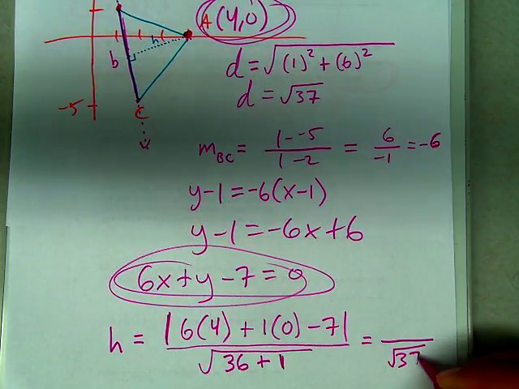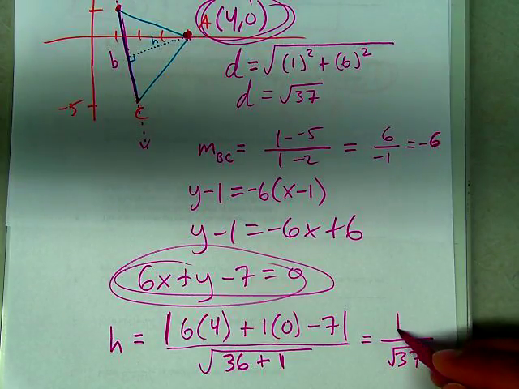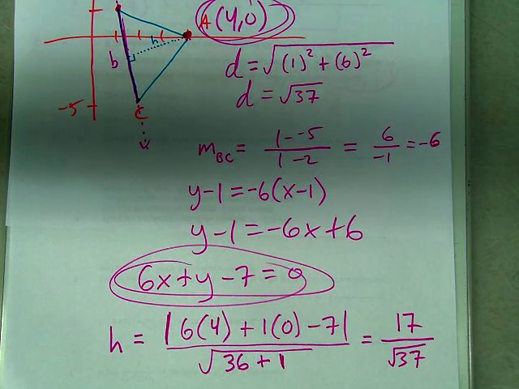So root 37 is the denominator. What's the numerator? 17, yes.